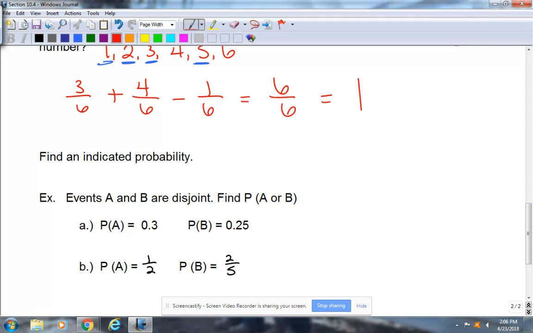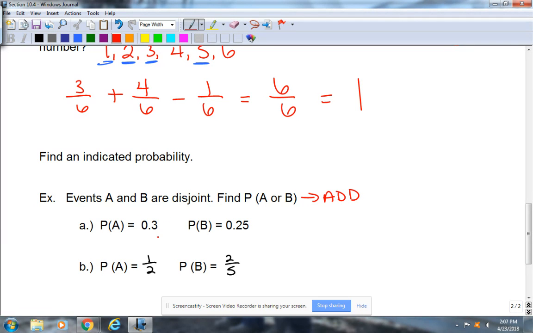All right. So this, I really didn't have to type this out for you guys because it's not many words to it. It's just math. It says events A and B are disjoint. That means they have nothing to do with each other. There's no overlap. Find the probability of A or B. So I told you when you see or, you're going to do what? Add the probabilities.